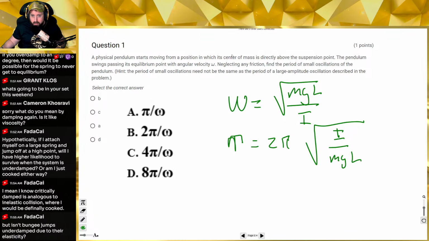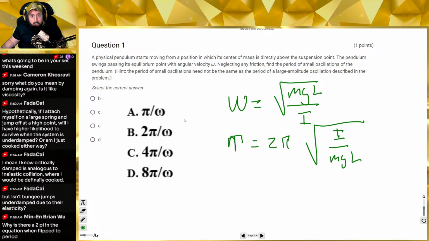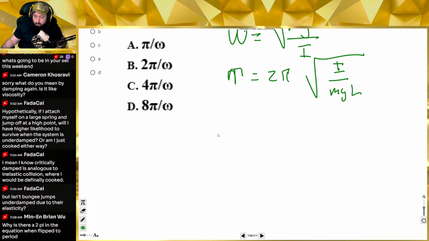Angular velocity omega. Find the period. Okay, good question.